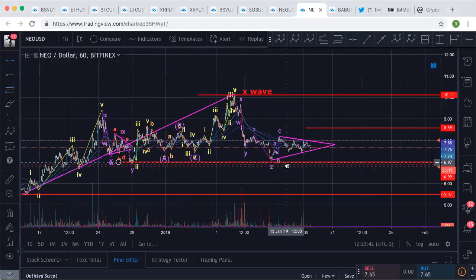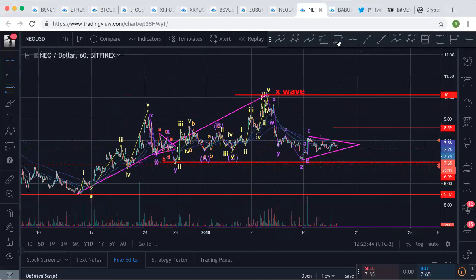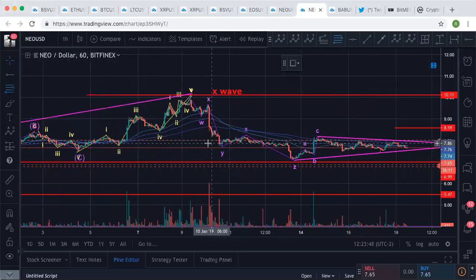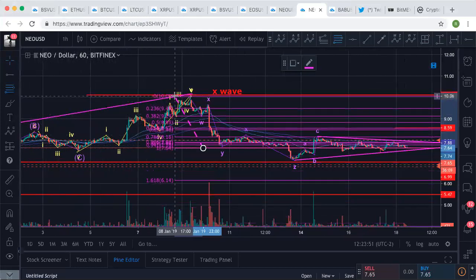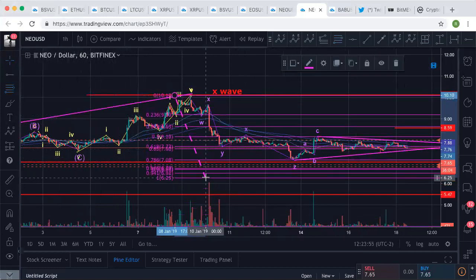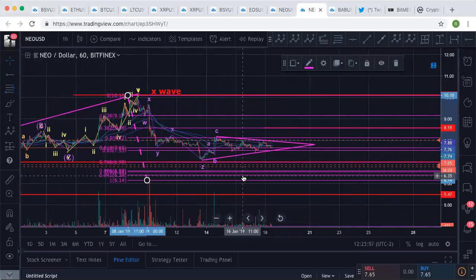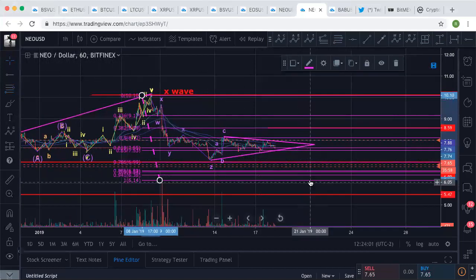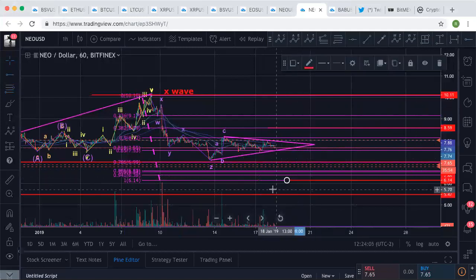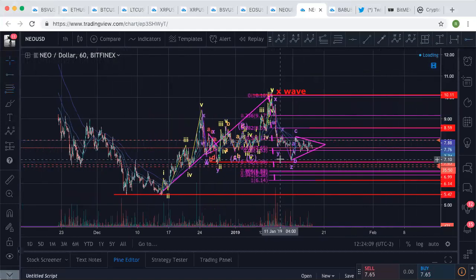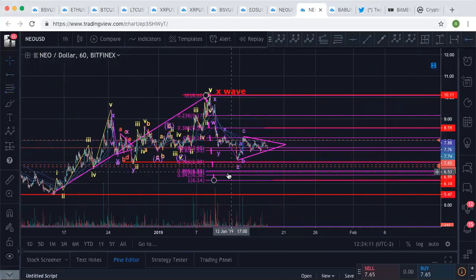So using fib, I'm going to use this first wave to bring us to where we think we might go. All right, so we've reached the 7.86 level, so we're most likely going to reach this 1-to-1 level down here. So that 6.14 would probably be the first area to look at.